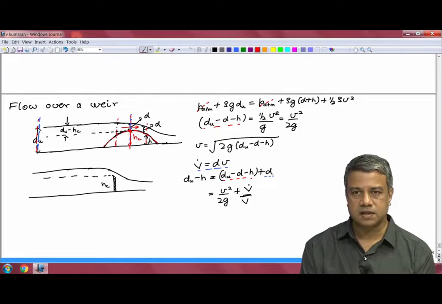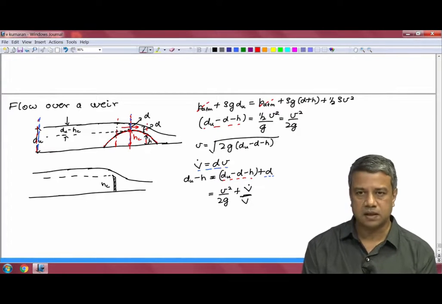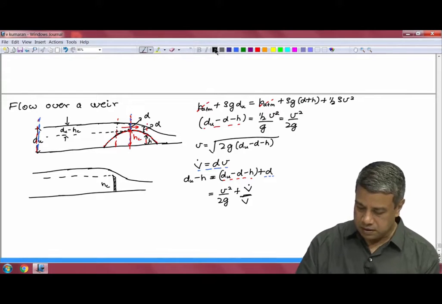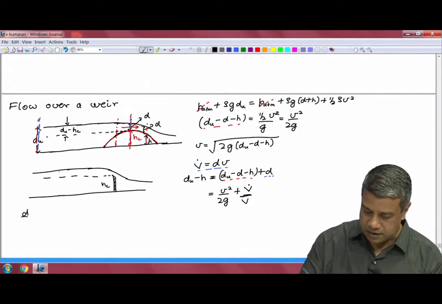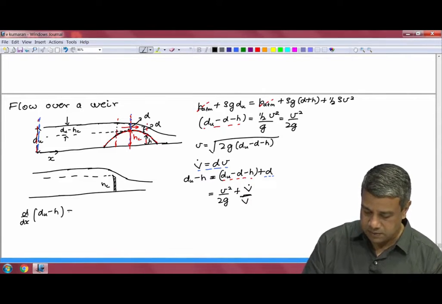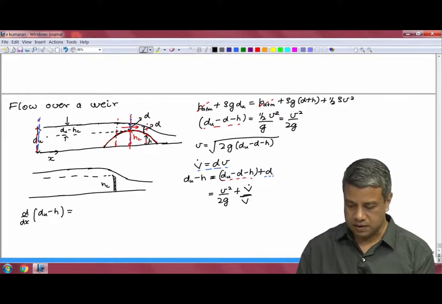So, the derivative of du minus h with respect to the streamwise direction goes to 0 where h is a maximum. And therefore, d by dx, if I take this as the x direction, of du minus h has to be equal to 0 when h is equal to hc.